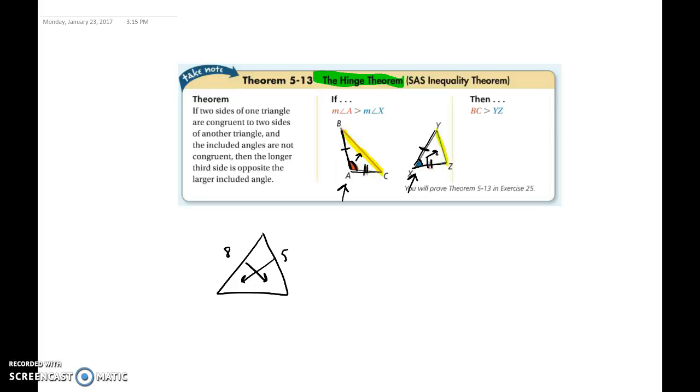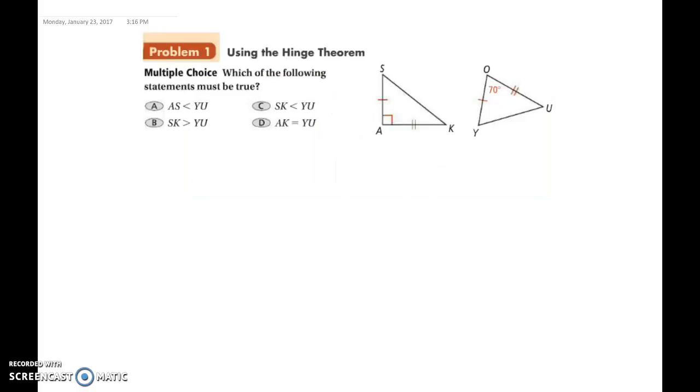Alright, but we're going to go through an example really quick with this. Now, when we're looking at this, it tells us to use the Hinge theorem, but you need to be able to identify when you can and when you cannot use it. We know that we can use the Hinge theorem because on this triangle, they tell us that it is congruent to these two sides for this triangle.